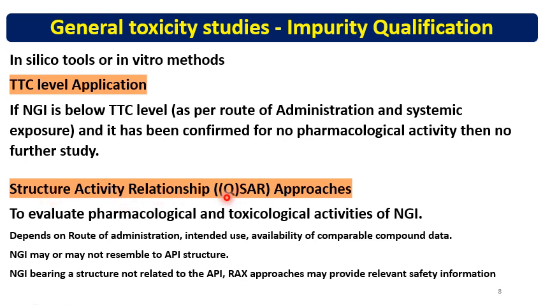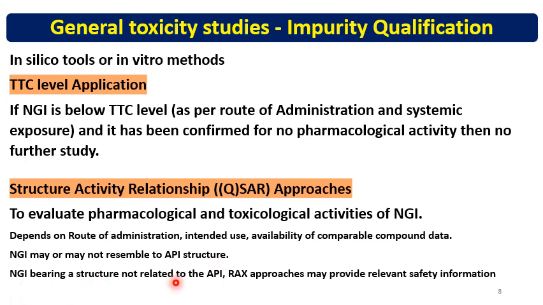It is popularly known as QSAR approaches to evaluate pharmacological and toxicological activities of the NGI. This toxicological evaluation depends on the route of administration, intended use, availability of comparable compound data. Then NGI may or may not resemble the API structure.